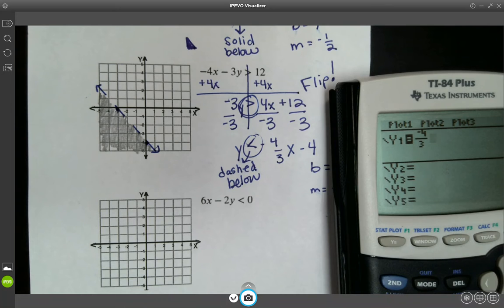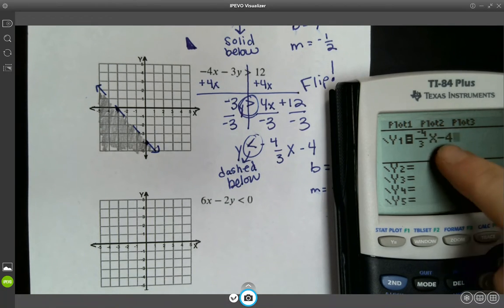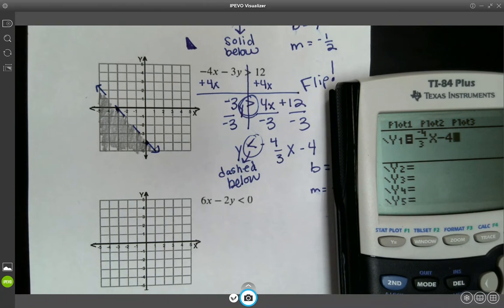Then go over and put your x in. And then put -4. Don't put -4, put -4. There's a difference. Put that in. Make sure it looks like mine. Then arrow over.